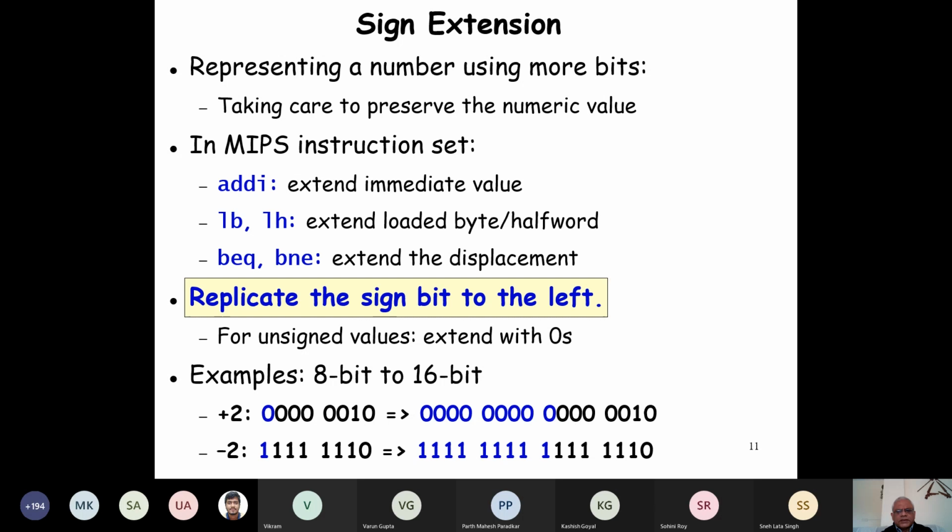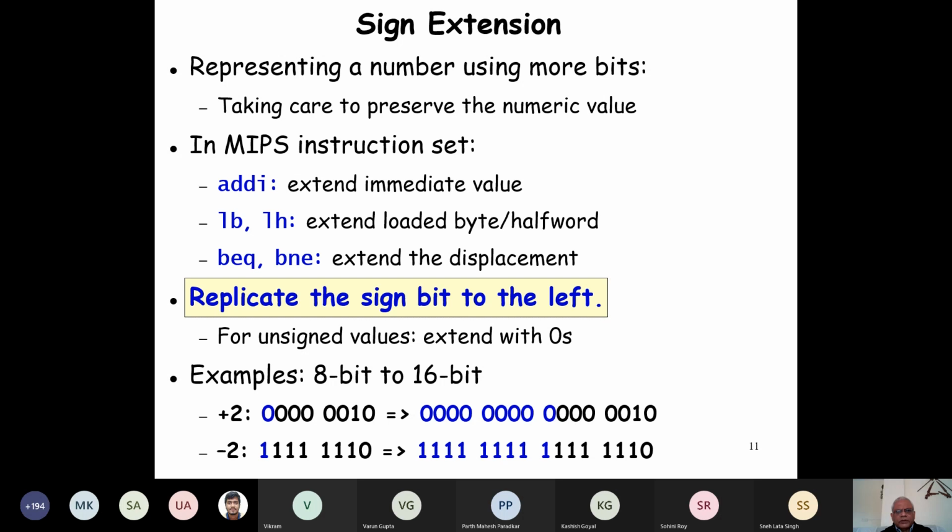So how do we convert a 16-bit to 32-bit, at the same time taking care to preserve the numeric value? We can't append all zeros to the MSBs. That will give a wrong result. It will change its value.